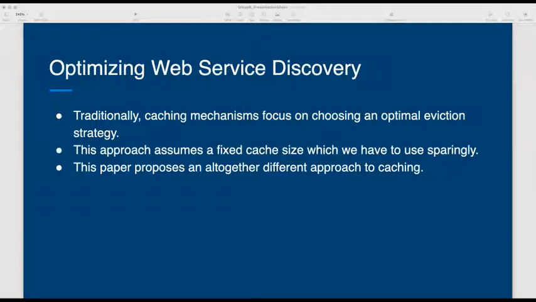Hence, the aspect of caching usually studied is how to decide which item to remove when the cache becomes full. It assumes a limited cache size which we have to use sparingly. This paper looks at the problem in a whole new way and proposes an altogether different approach to caching.